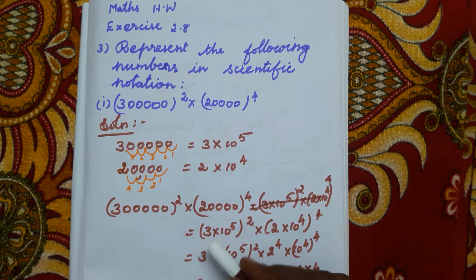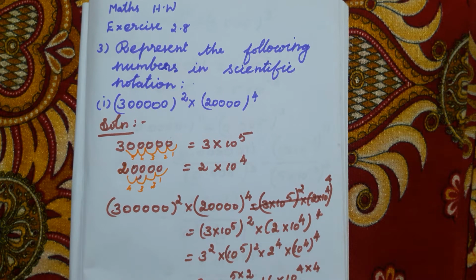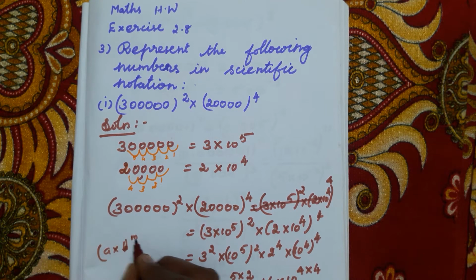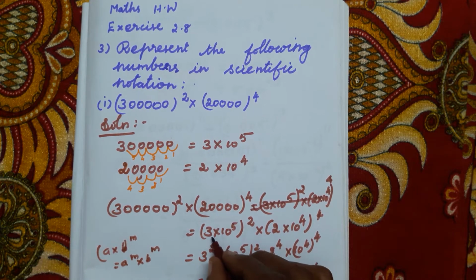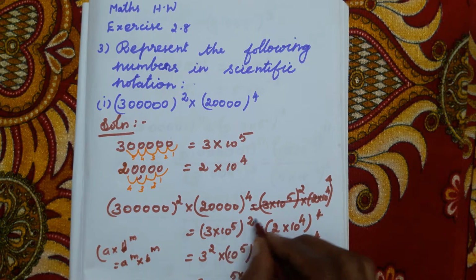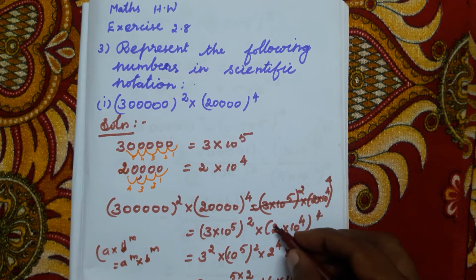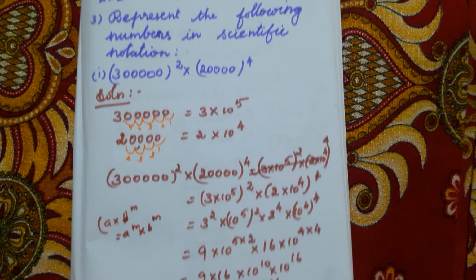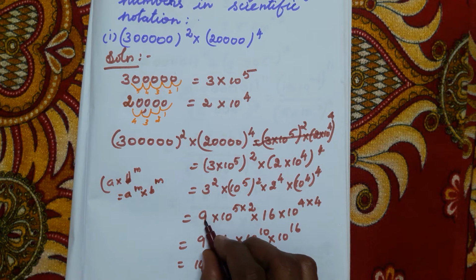Now, here we have to use (a into b) the whole power m is equal to a power m into b power m. So we can write 3 power 2 into (10 power 5) the whole square. Here also we can write 2 power 4 into (10 power 4) the whole power 4. 3 square is equal to 9.